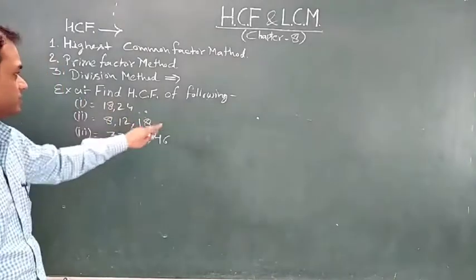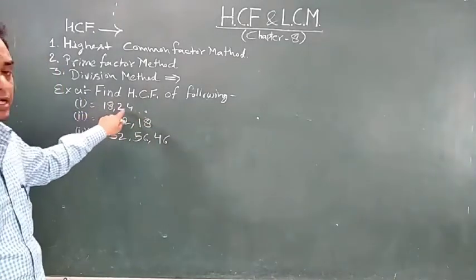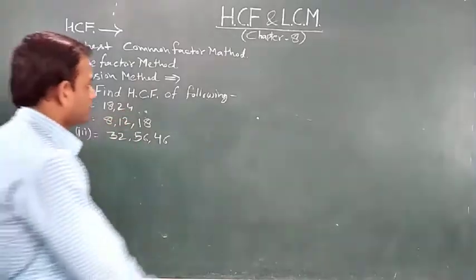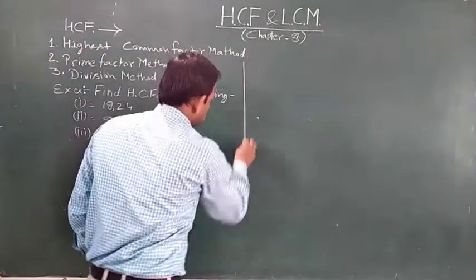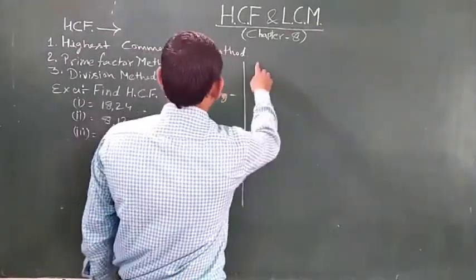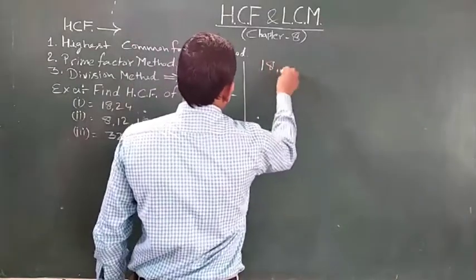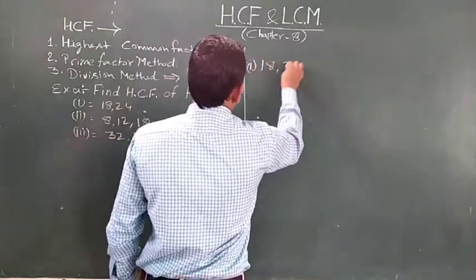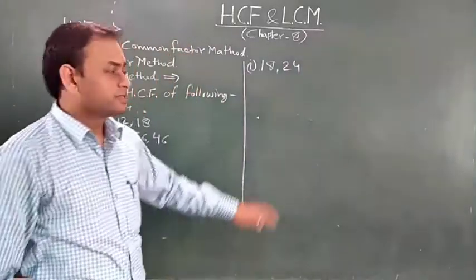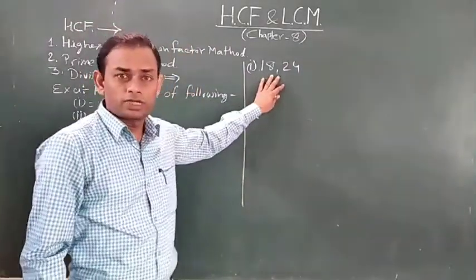Okay, so find the HCF of 18 and 24. We will take this example first of all. There are two numbers here.